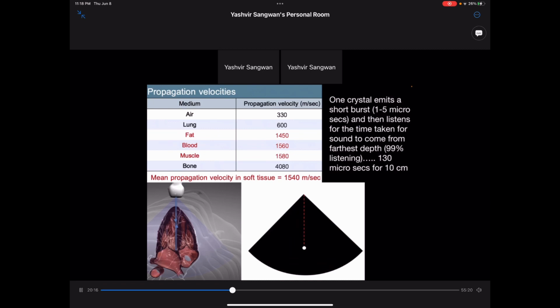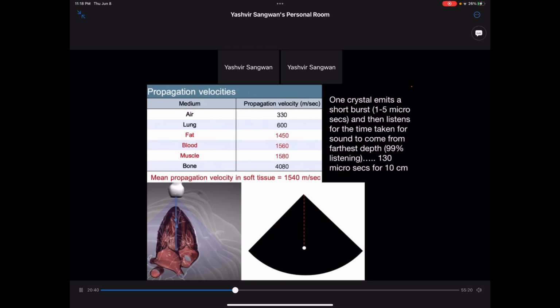All sound just passes really fast through it, and therefore it will be black. On the other hand, bone and needle will reflect almost every sound that hits it, and so these will be bright. And everything else is a grayscale in between, depending on the tissue density and how much sound it can reflect.